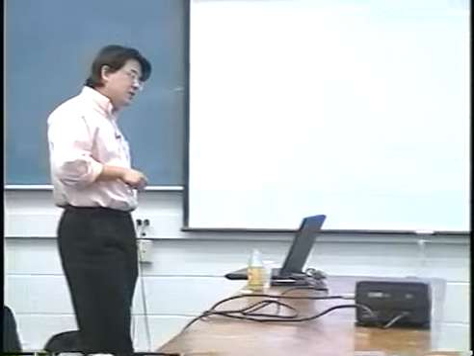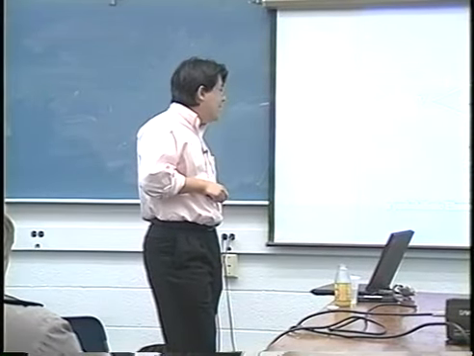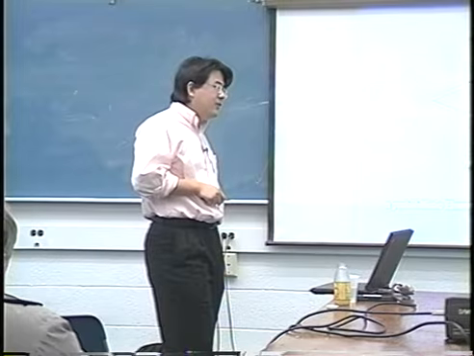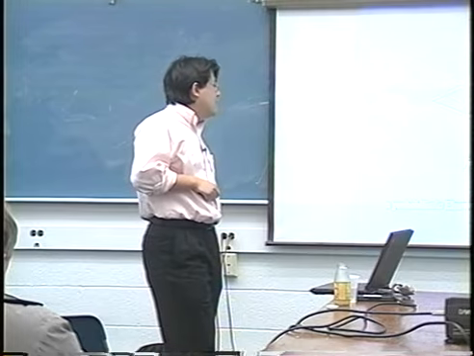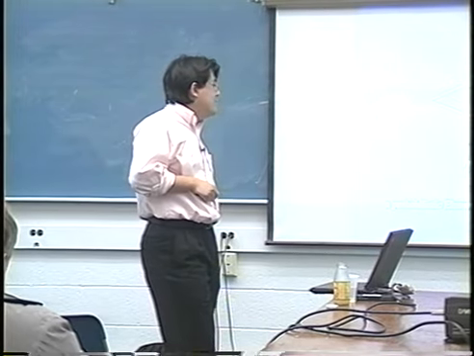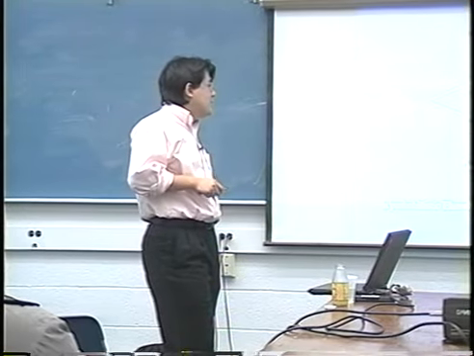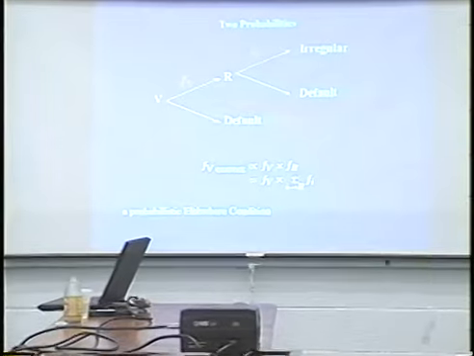The morphology tells you to go to a more specific rule first, and then look at the more general rule. And that's why this is the Elsewhere condition in linguistics. The difference here is that the irregular rule overriding the regular rule is a probabilistic process rather than an absolute process.